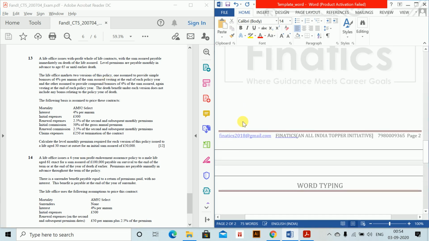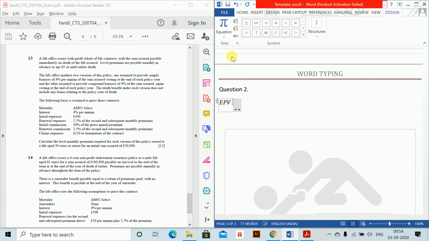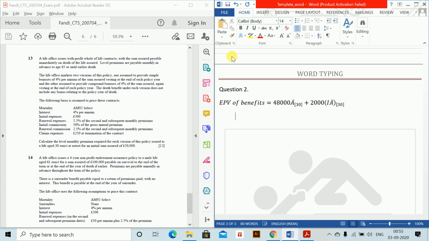Okay, so say question 2. I am following. First I'll write EPV of benefits is equals to 48,000 A bar underscore 30, okay, plus 2,000 IA bar underscore 30. So this is there.